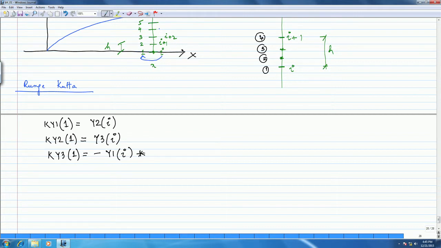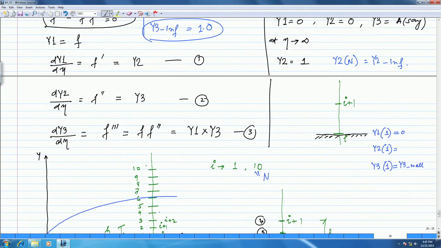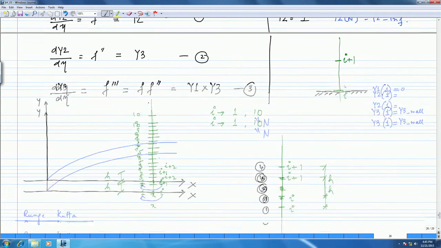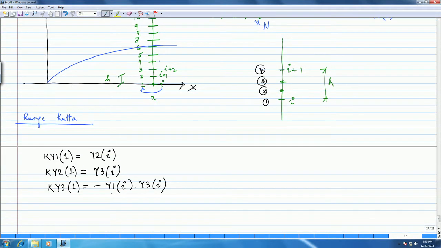So this is the syntax, this star is the syntax of what you will do. Basically I'm going to multiply y1 and y3 at I. So what we've essentially done is we got y2 and we got y3, and hence we calculated this term, y1 and y3.